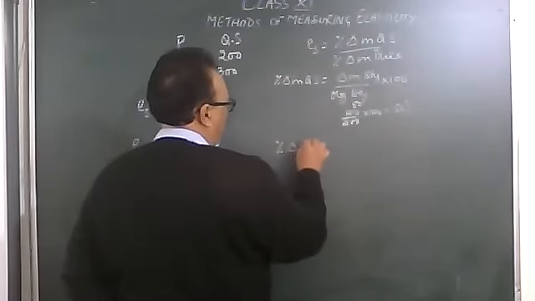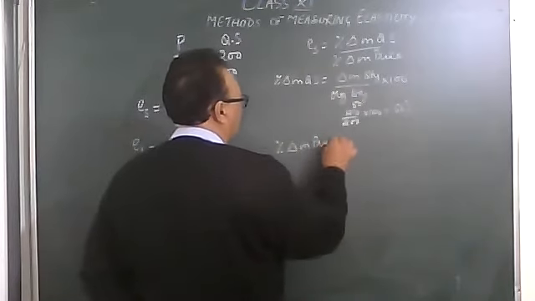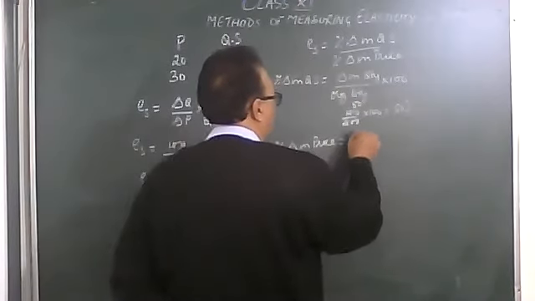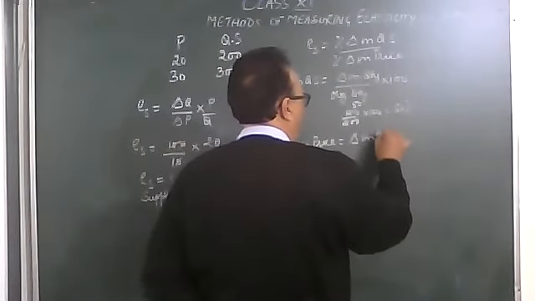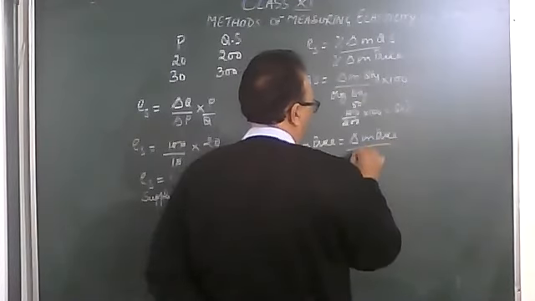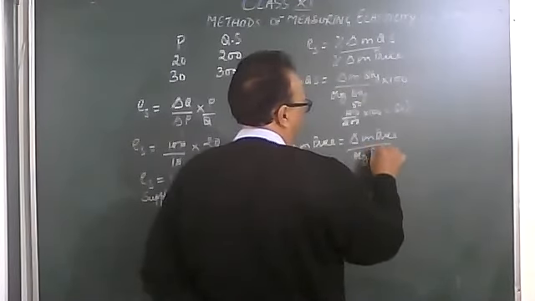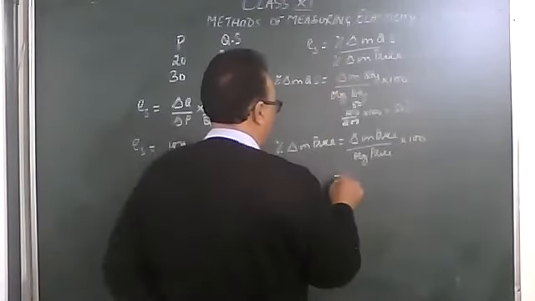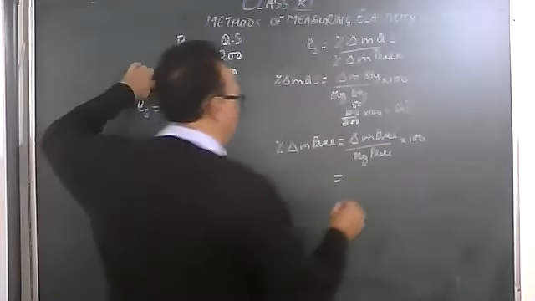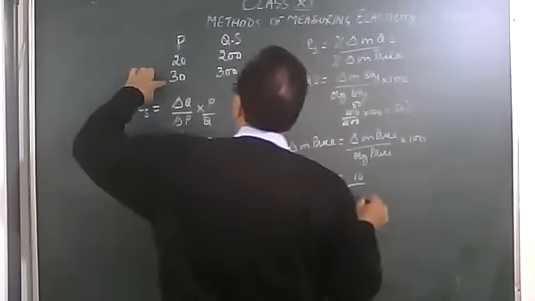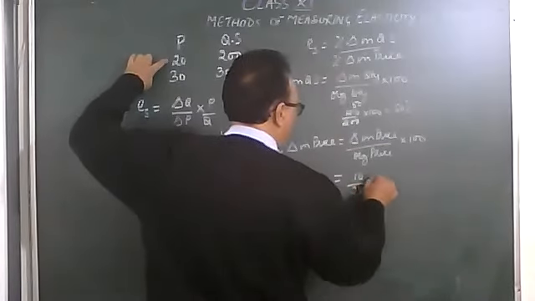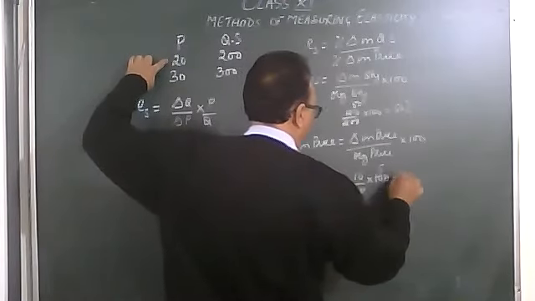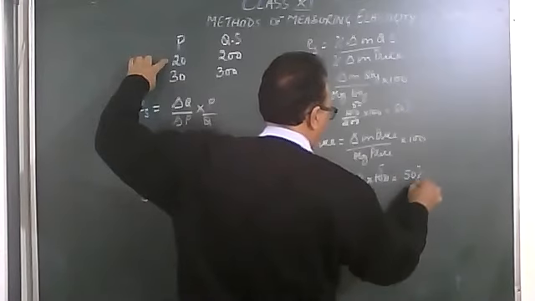Percentage change in price is change in price upon the original price into 100. Change in price from 20 to 30 becomes 10, original price was 20, into 100, that is 50%.